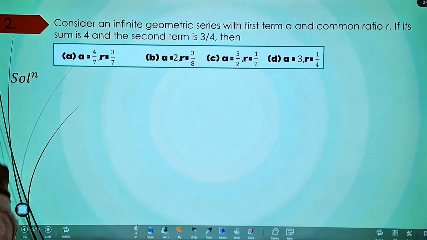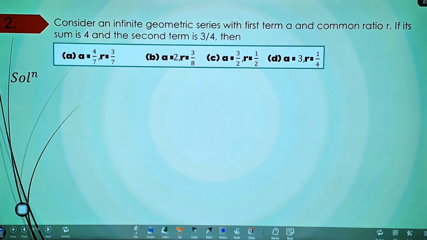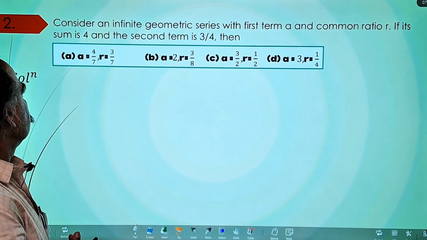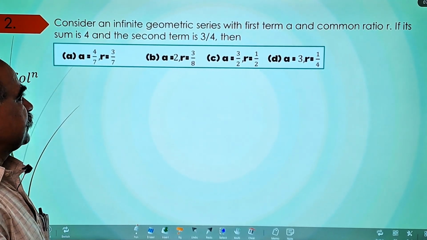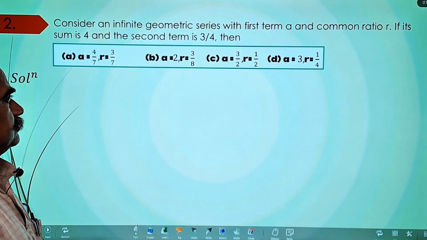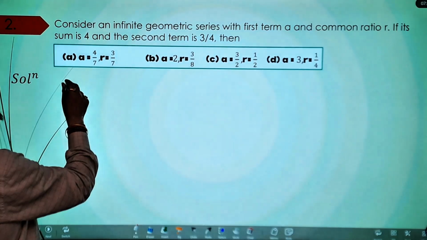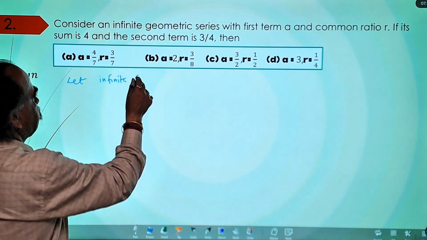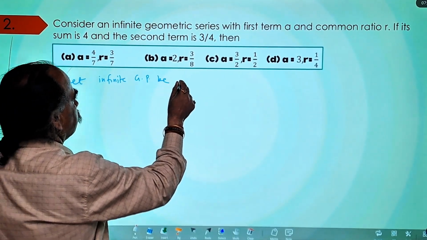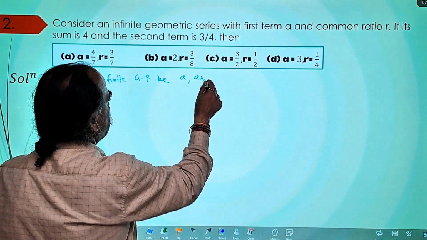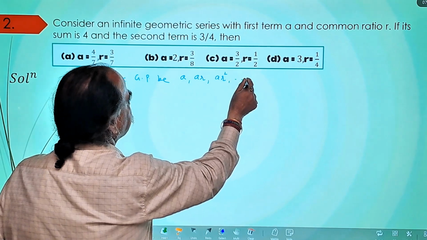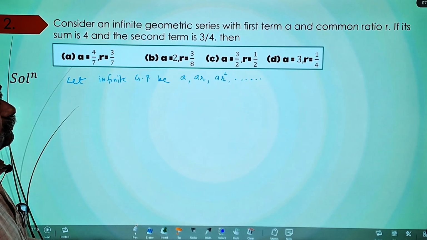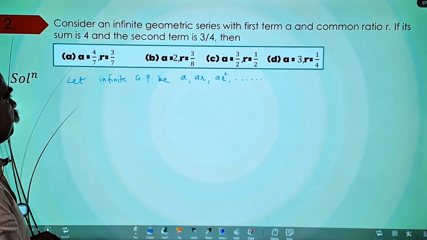See the next problem. Consider an infinite geometric series with first term A and common ratio R. If its sum is 4 and the second term is 3 by 4, then let the infinite GP be A, AR, AR square and so on, with first term A and common ratio R. Its sum is 4.